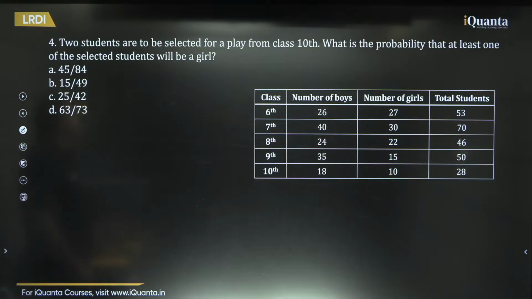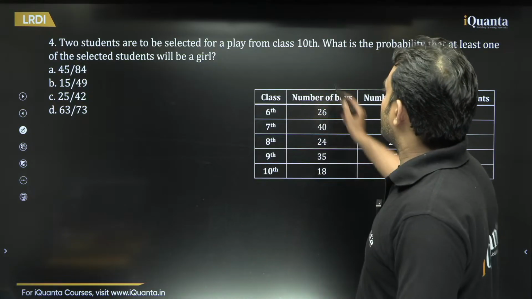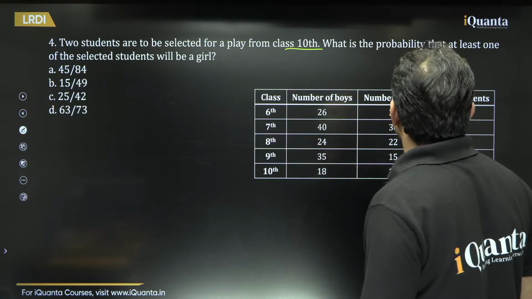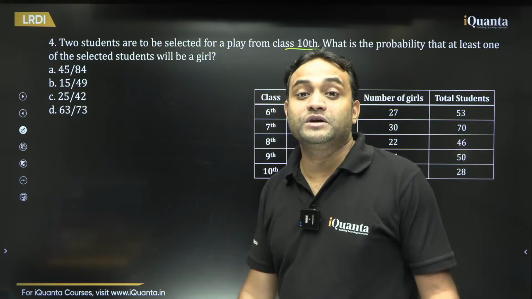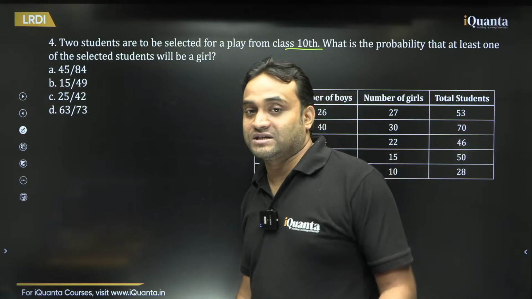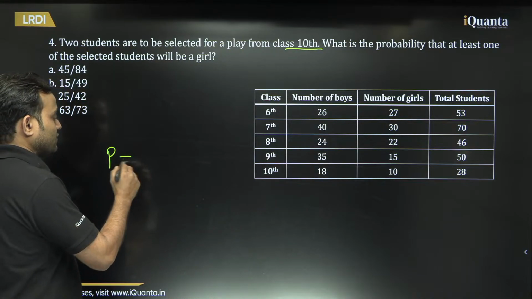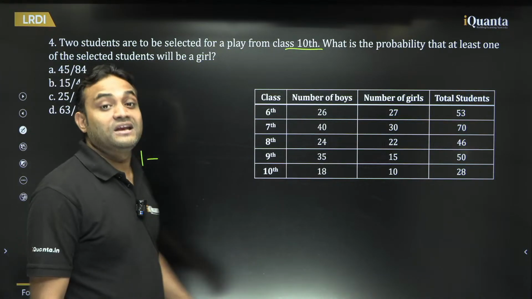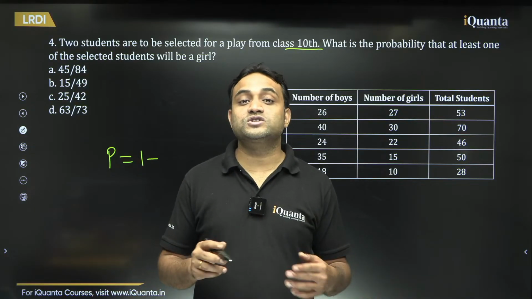Then comes the fourth question, which says two students are to be selected for a play from class 10th. What is the probability that at least one of the selected students will be a girl? So probability will be 1 minus none of the selected students are girls, or all the two students are boys.